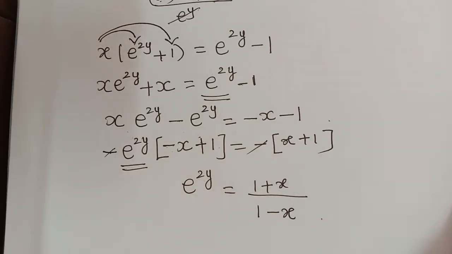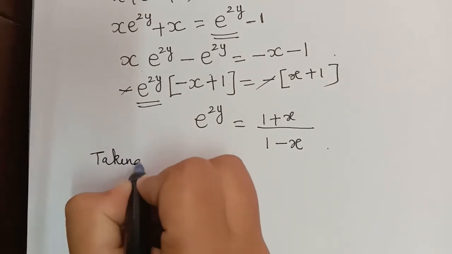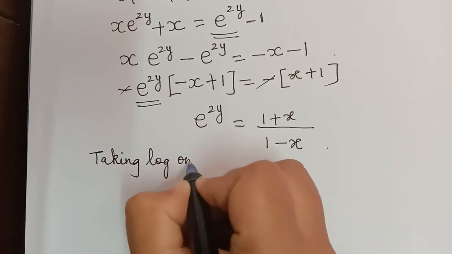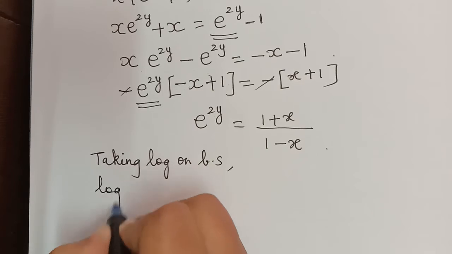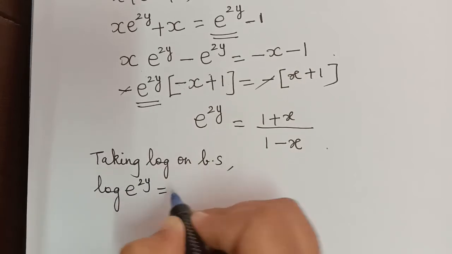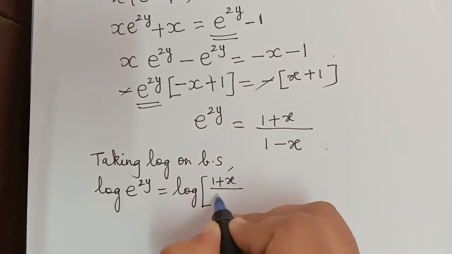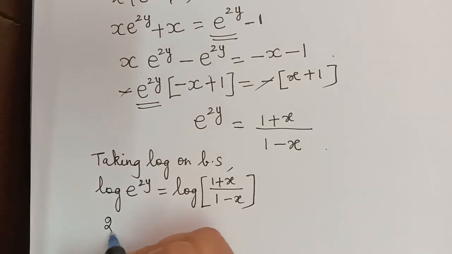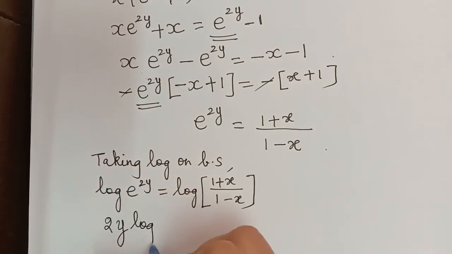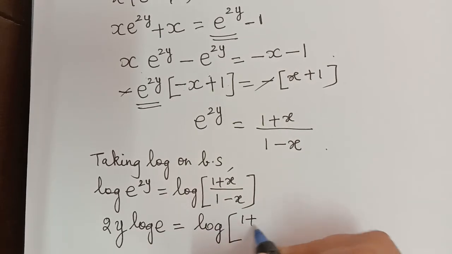After this we have to take logarithm on both the sides. So taking log on both the sides, what do we obtain? Log of e power 2y is equal to log of (1 plus x) divided by (1 minus x). Now this 2y can be written in the front, and so it will be 2y log e is equal to log of (1 plus x) divided by (1 minus x).